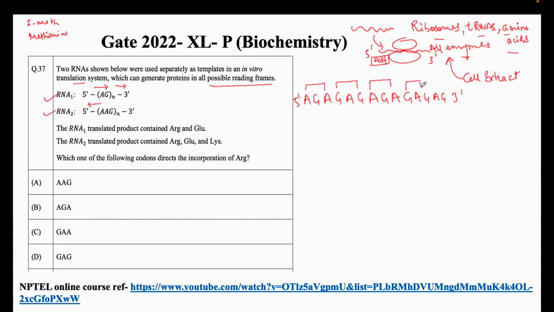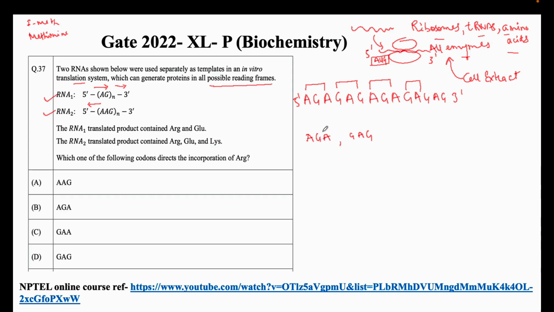Here we can see there are two different sequences. In the first reading frame we have AGA and GAG. These are two different 3-letter codons.